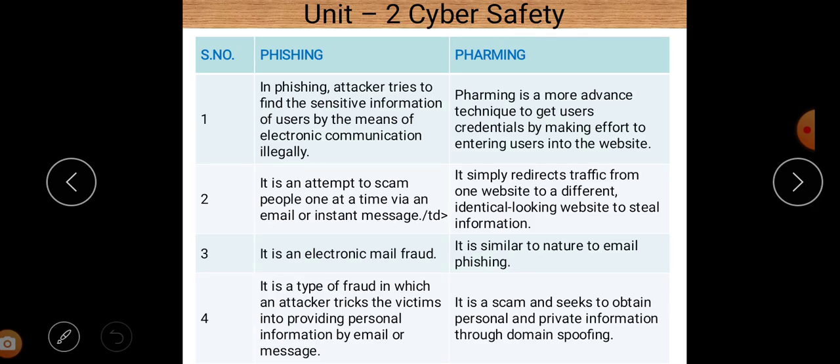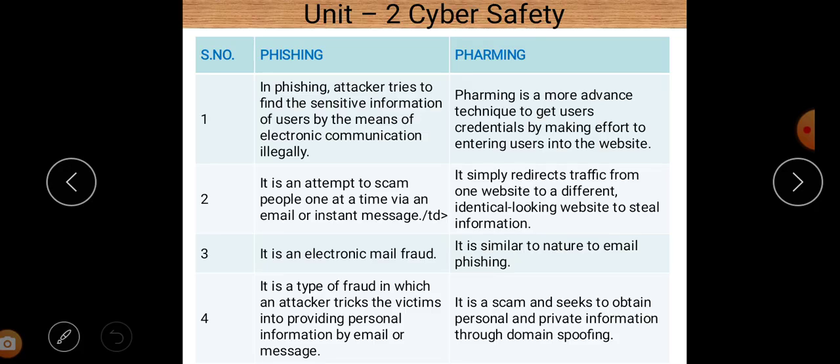So there is a comparison of these two, as you can see on the screen. First of all, in phishing the attacker tries to find the sensitive information of users by means of electronic communication illegally. These are two different methods of information theft, phishing and pharming.